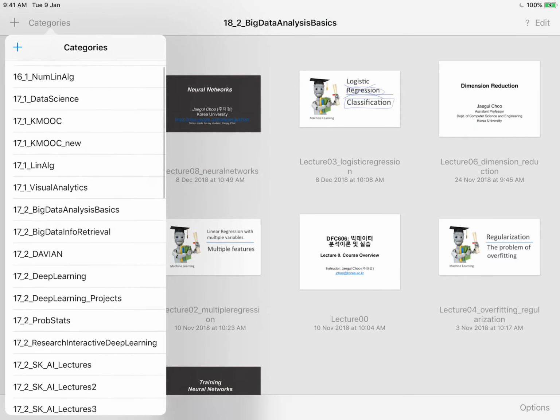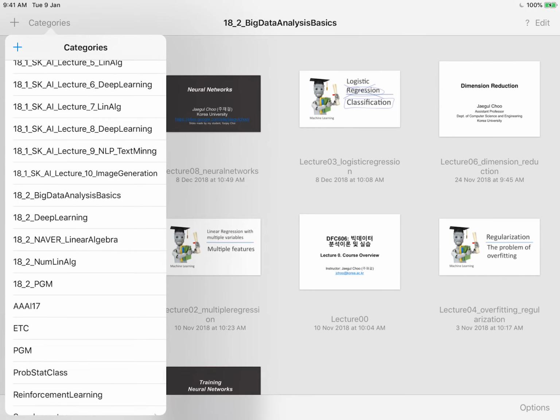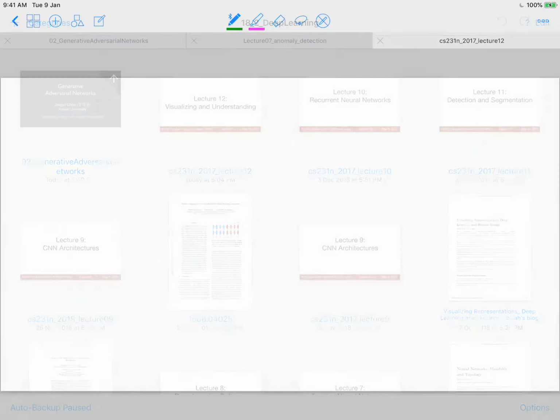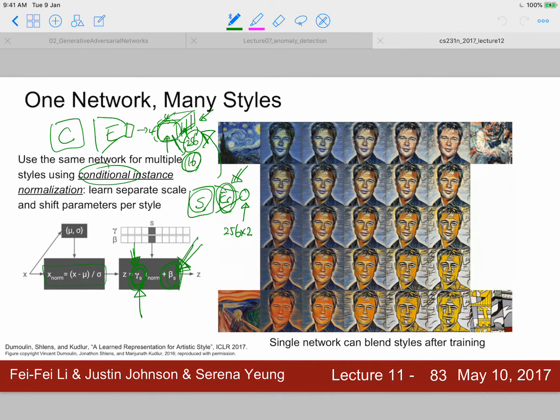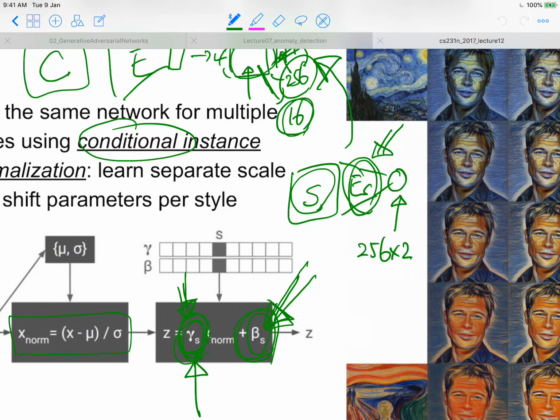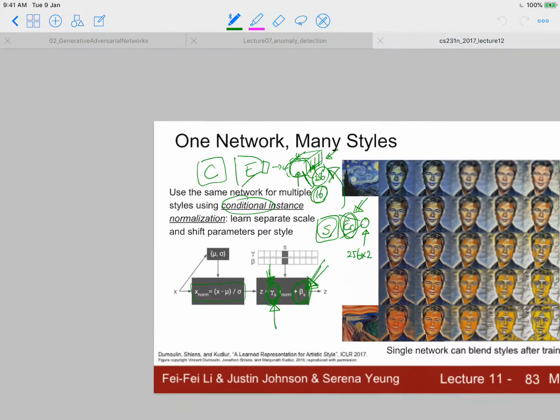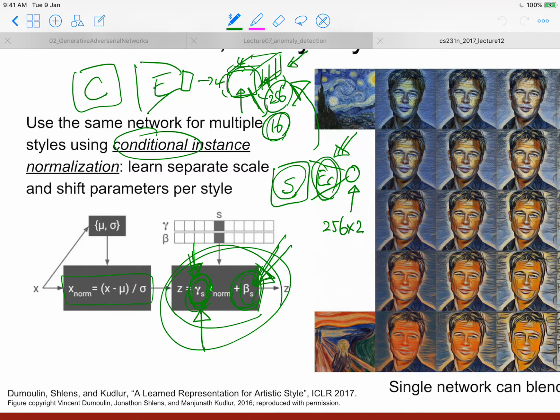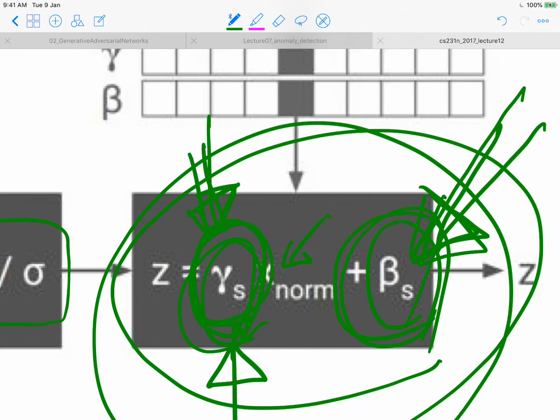So in this case, we generated two sets of activation values, where the first set corresponds to the mean, and the second one indicates the variance. Using those two sets, we scale and shift the given activation value.